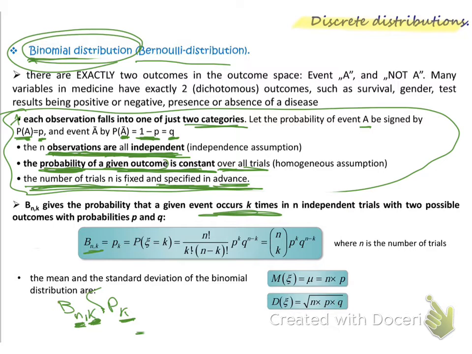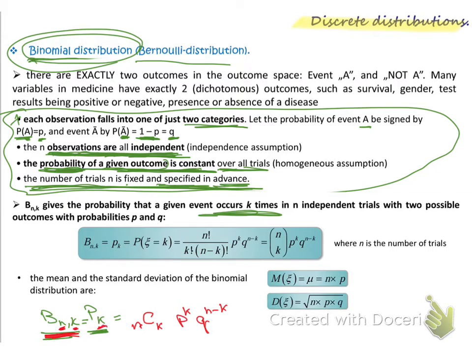There are different ways of writing it, but at the end of the day, you have to apply this formula. I have n total number of trials and I want k of them, or the probability of k in the case of binomial, one of them only, not both, either this or this.